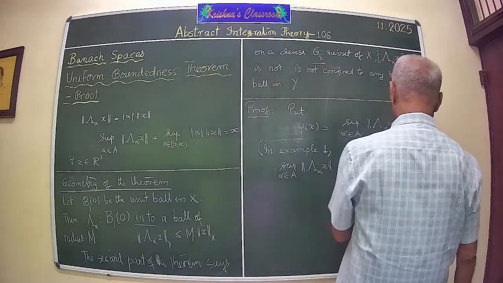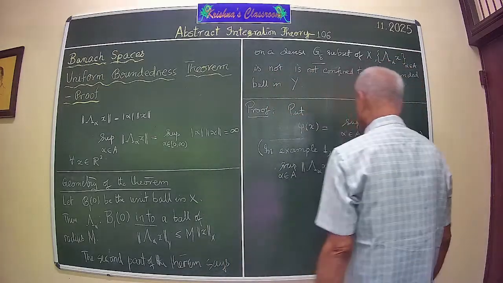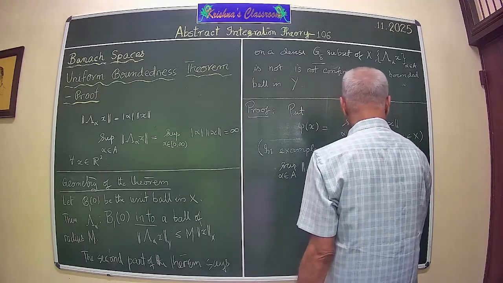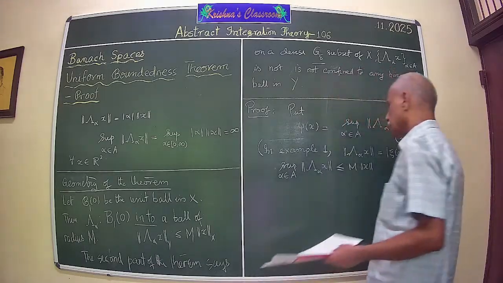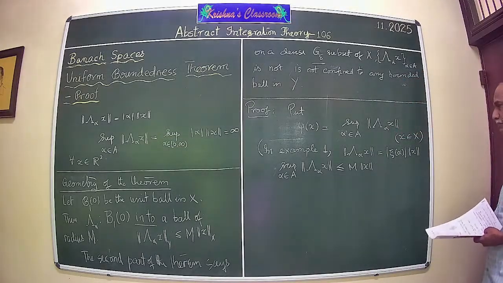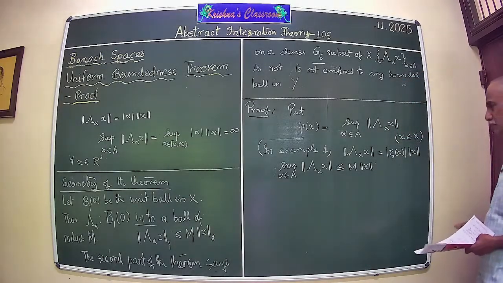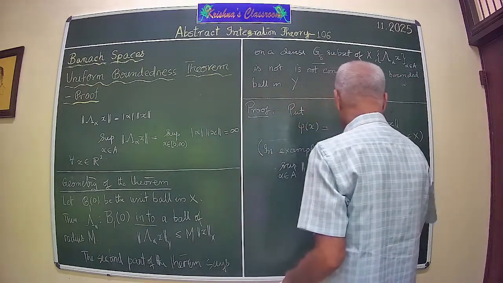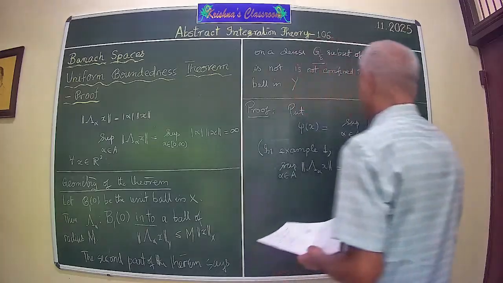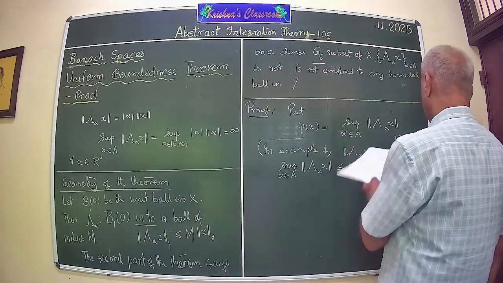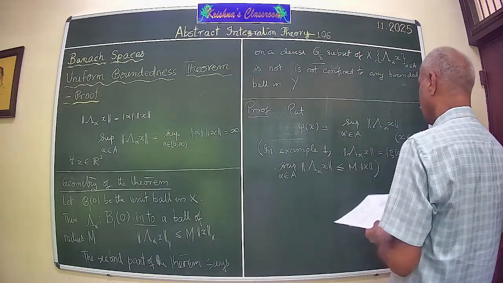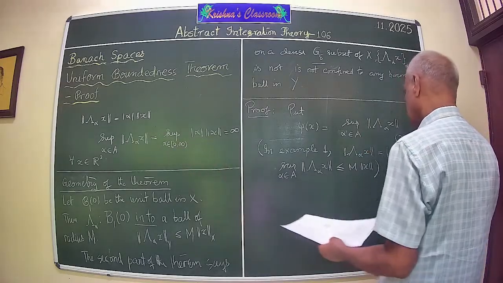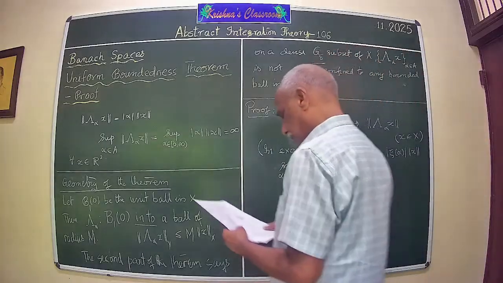You know that psi alpha is a bounded function on A, therefore this is finite. The other one, it is unbounded, because you are taking psi alpha to be alpha and A to be the unbounded set. Right.